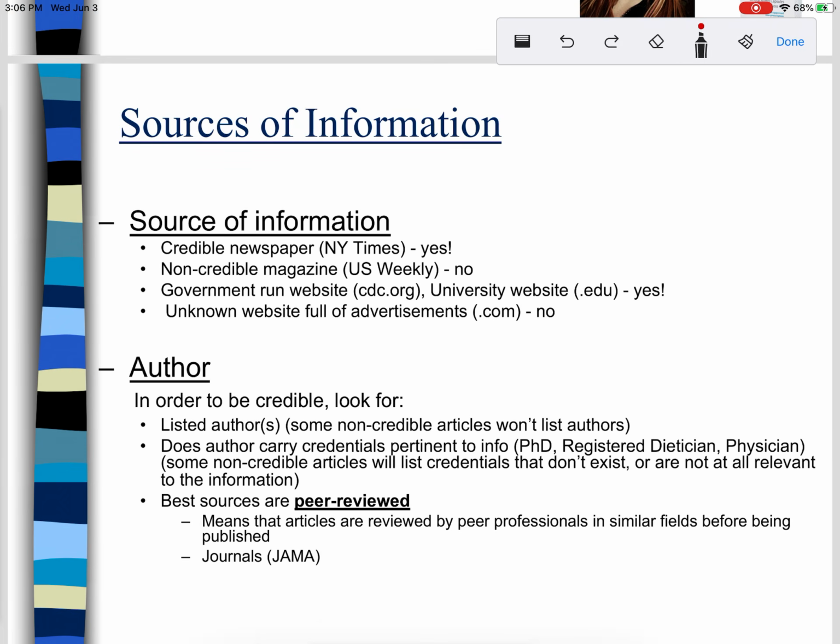When you're looking at sources of information, what tends to be more credible? A credible newspaper versus Us Weekly, not so credible. And a .org or a .edu tends to be more credible than a .com. Not always, but usually more credible. Author. An author that has credentials, PhD, MD, registered dietitian, and make sure that those credentials are pertinent.